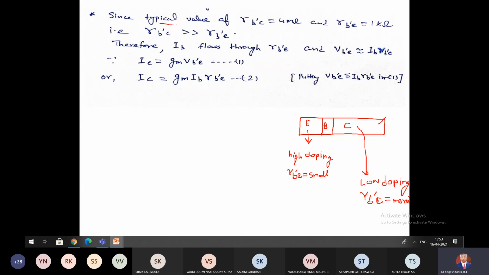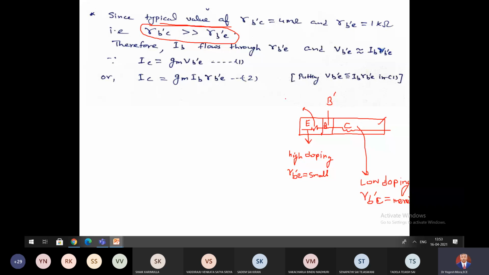So typical values are taken here, or simply you can see R B dash C is greater than R B dash E. Here we have point B dash, and here there is a resistance, and here there is a resistance.